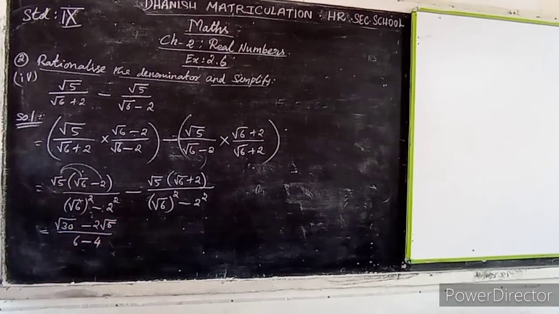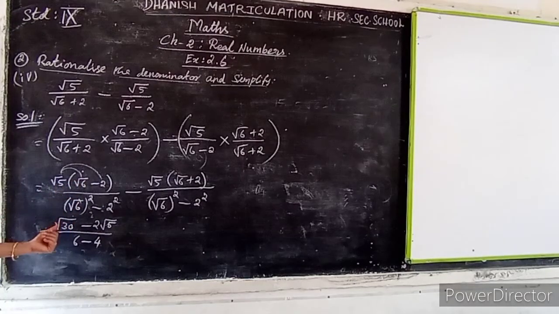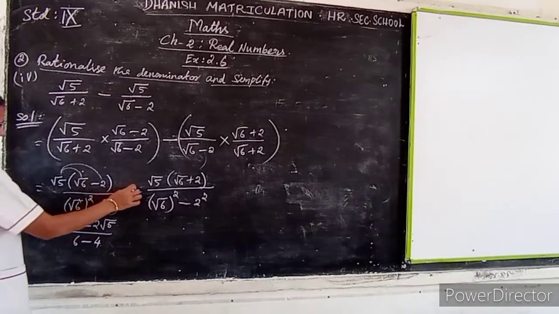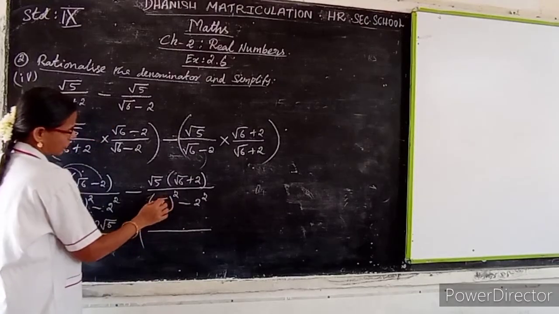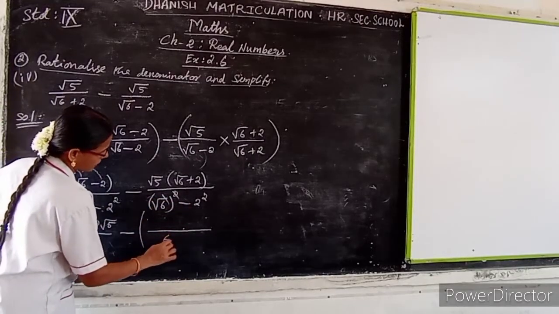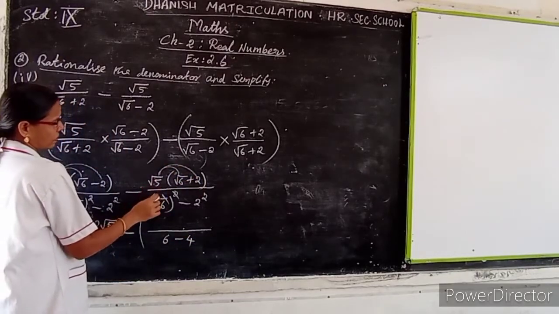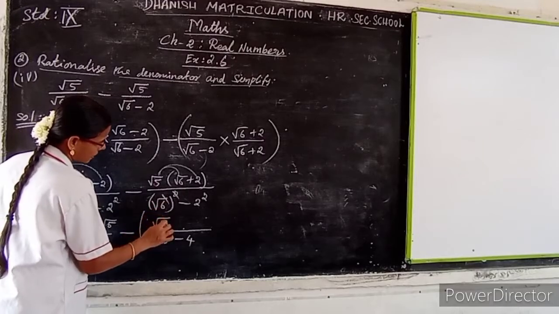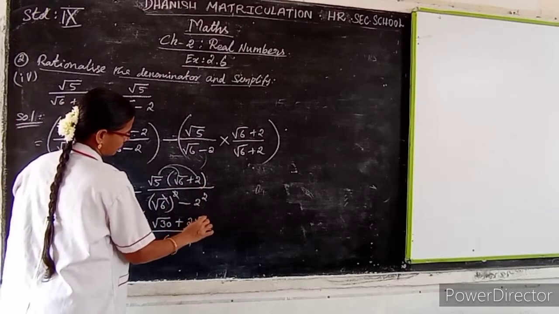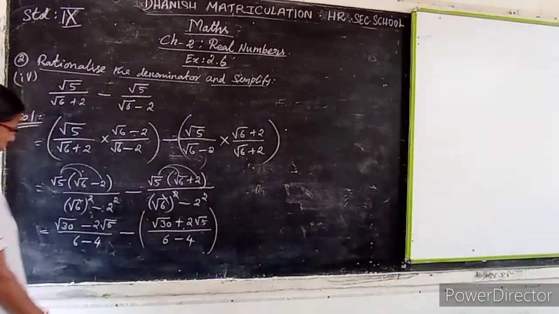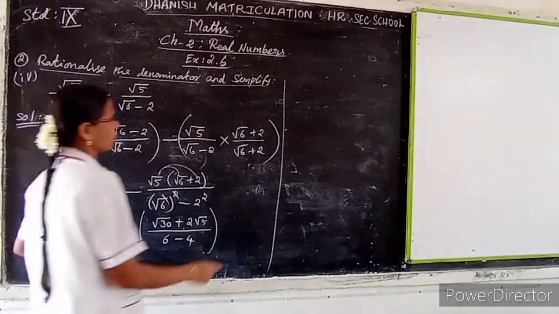Here both are surds. Here in the denominator the square and root get cancelled, so 6 minus 4. Numerator: root 5 into root 6 is root 30, plus 2 root 5. Now the denominator is 6 minus 4, which is 2.